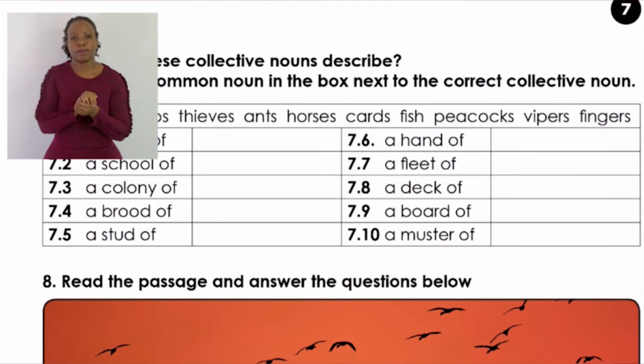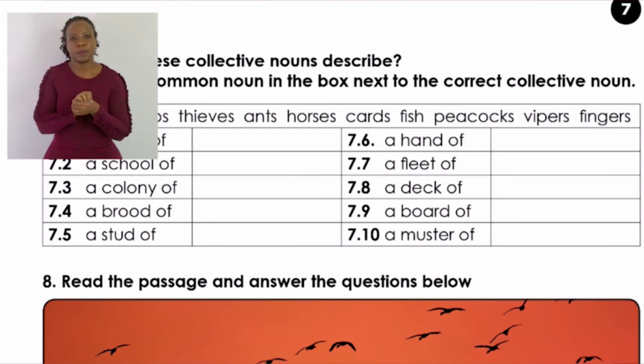We have directors, ships, thieves, ants, horses, cards, fish, peacocks, vipers, and flingers. Right. Common nouns, write the common noun in the box next to the correct collective noun.